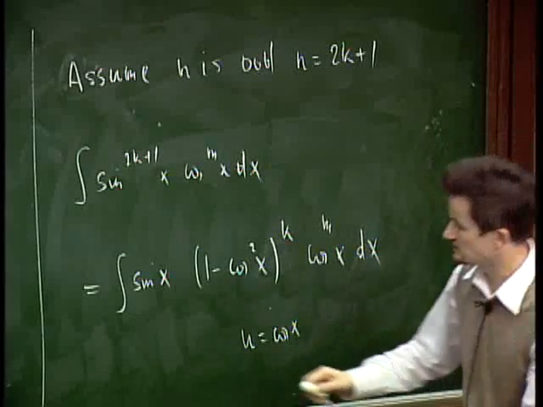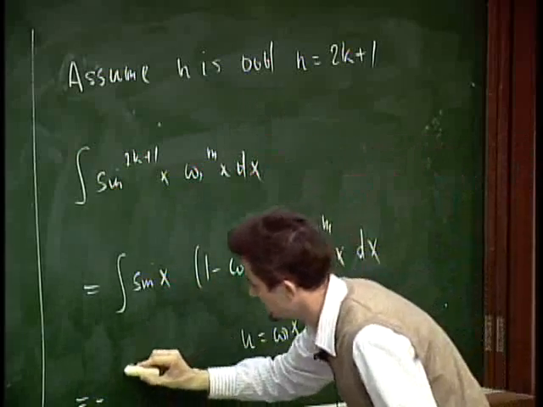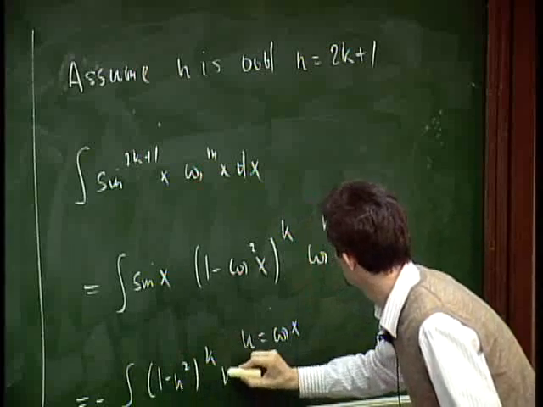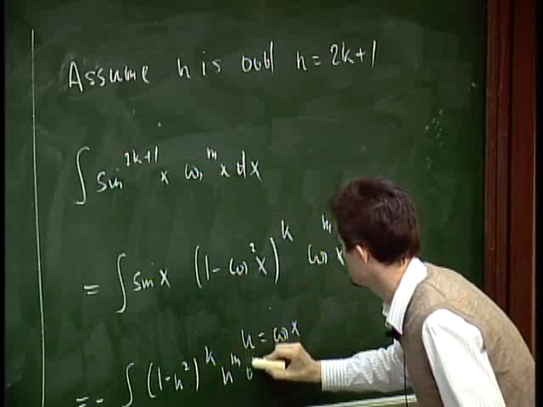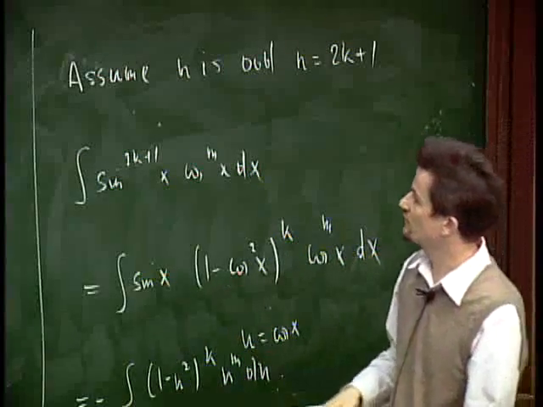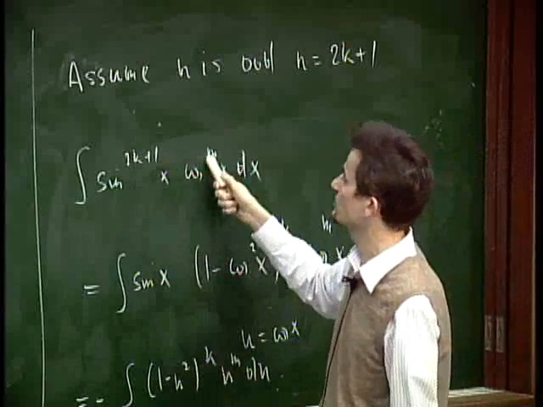Then what you get is minus, just the same as what I have erased, minus the integral of 1 minus u squared to the k times u to the m du. And this is manageable because it's just a polynomial. So if this exponent is odd, this works. And of course, similar if m is odd.